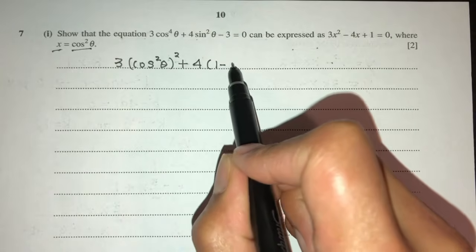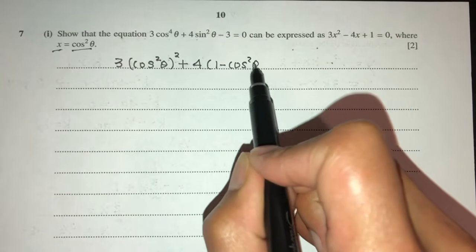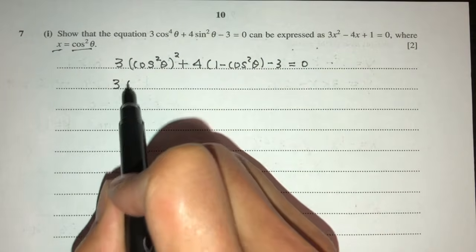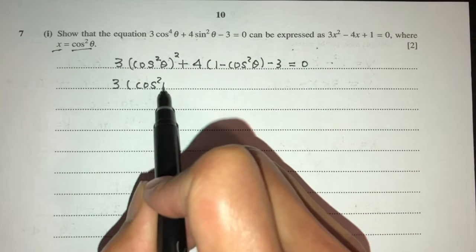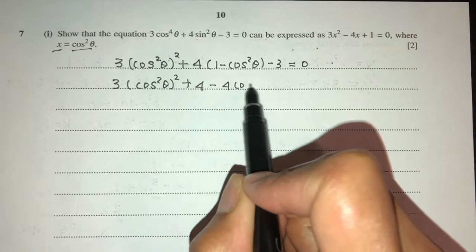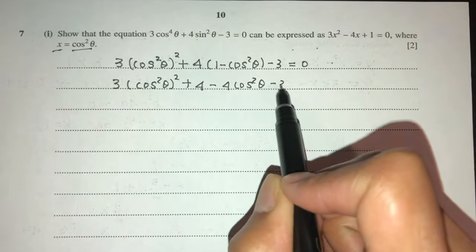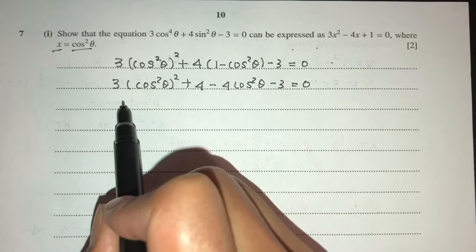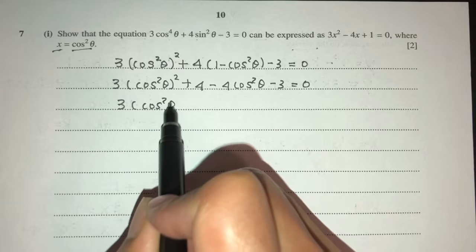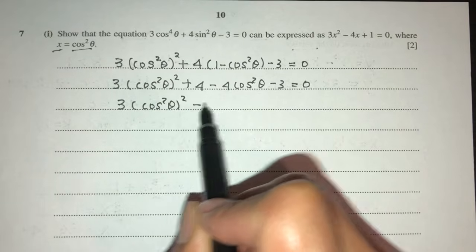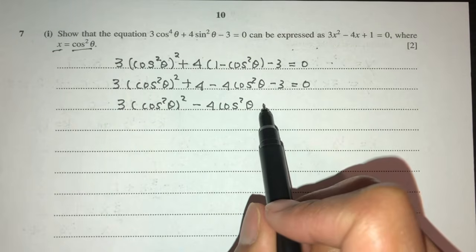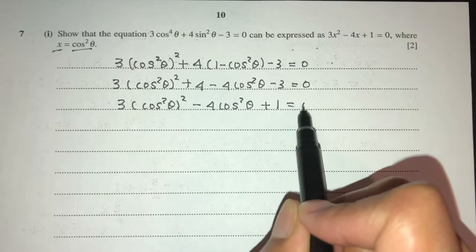It is 1 minus cos square, minus 3 is equal to 0. So simplify, that will be 3 cos square theta squared plus 4 minus 4 cos square theta minus 3 is equal to 0. That will be 3 cos square theta squared minus 4 cos square theta. 4 minus 3 is plus 1 equal to 0.